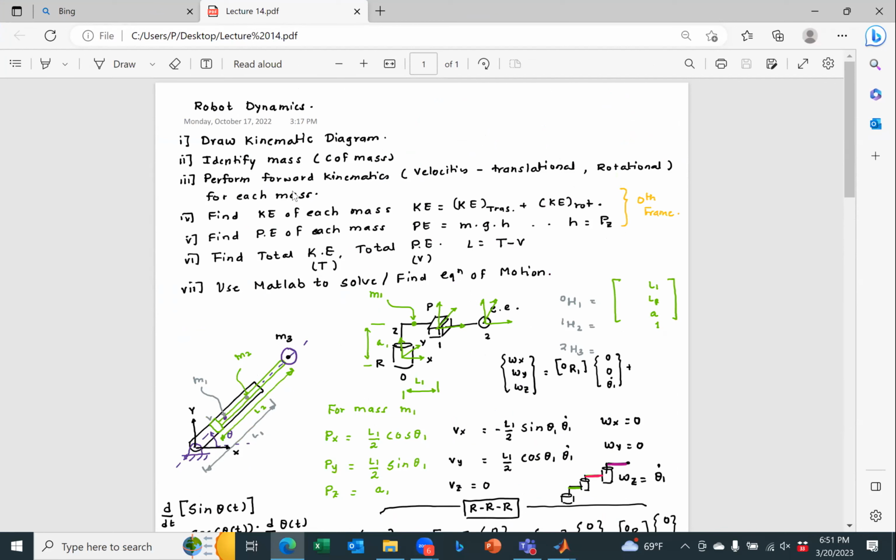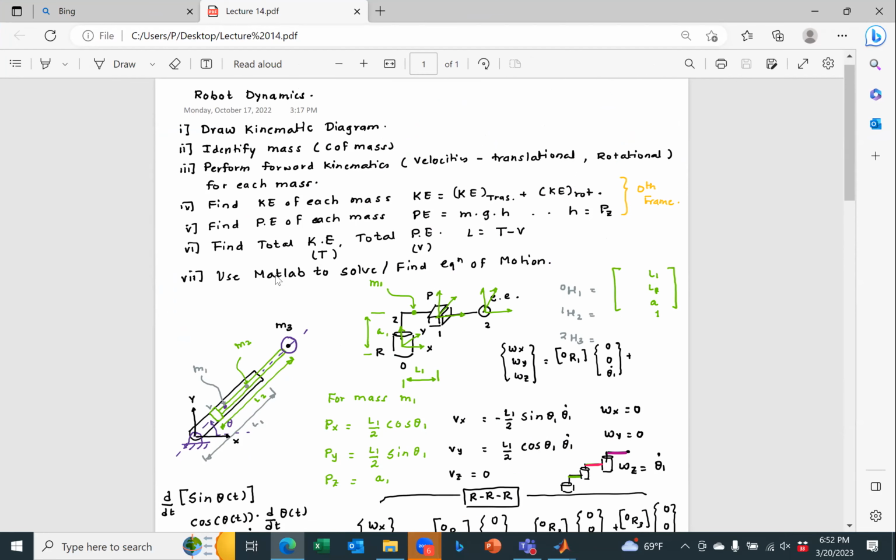So these are the steps: draw kinematic diagram, identify masses, forward kinematics analysis, find the kinetic energy of each mass, find the potential energy of each mass, and then total kinetic energy, total potential energy, find L equals T minus V, and use MATLAB to solve this problem.